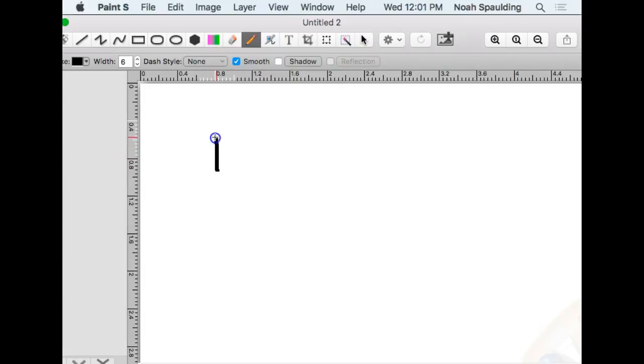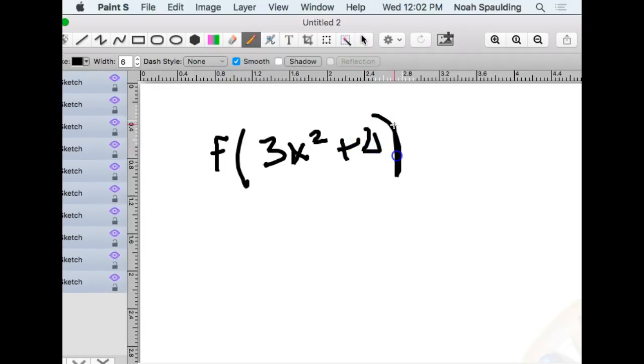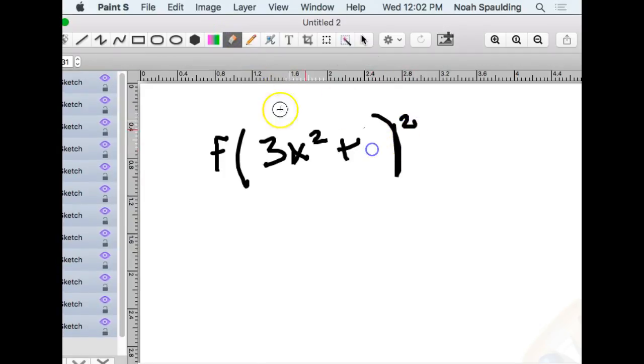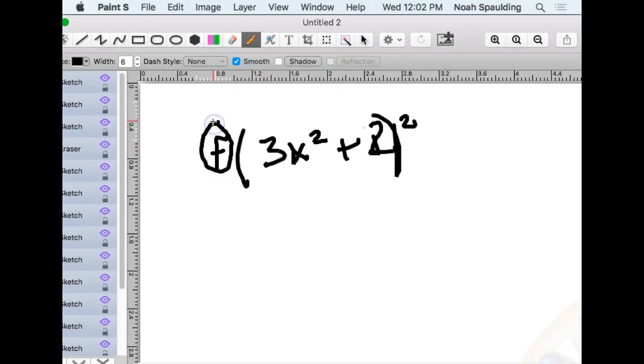F is 3x squared plus 2, and square that. Okay, so it looks like that. Now the problem has nothing to do with multiplication of it.